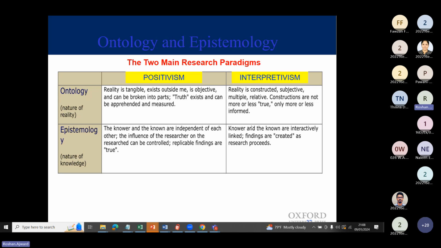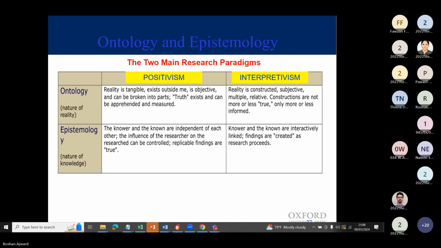But on the other hand, interpretive researchers think the research and the researcher are not independent. It's the same. The person will have to get into the research and get to know. So the researcher and the research becomes the same and involved.